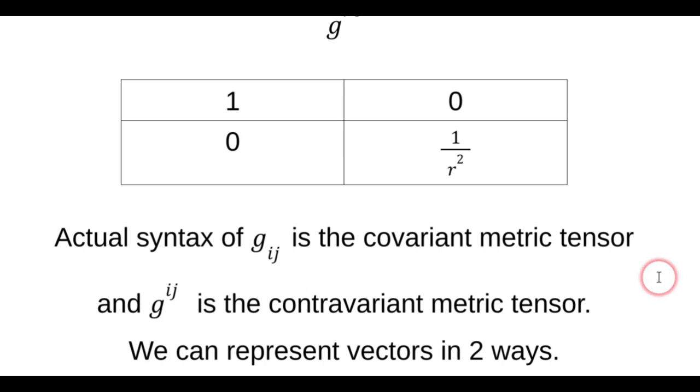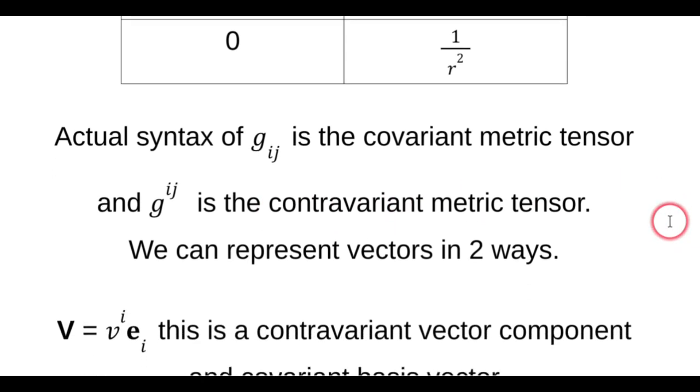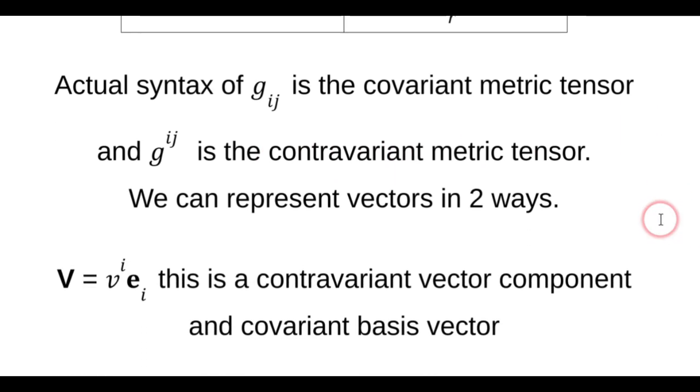We're going to use that to introduce these new concepts, covariant and contravariant. You can represent a vector in 2 different ways. Like this, with v super i and e sub i. This is the contravariant vector component and the covariant basis vector.